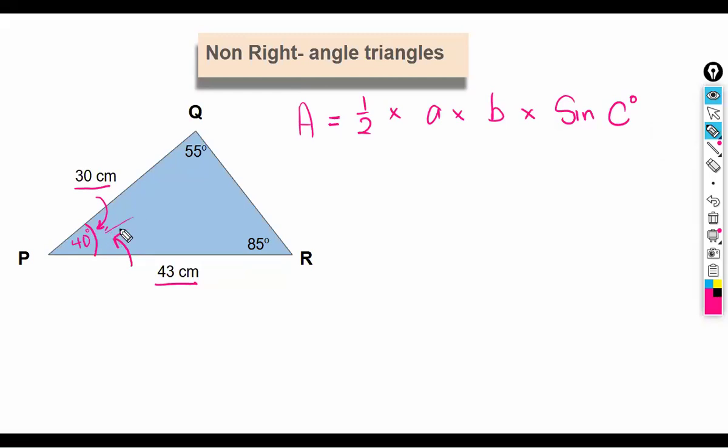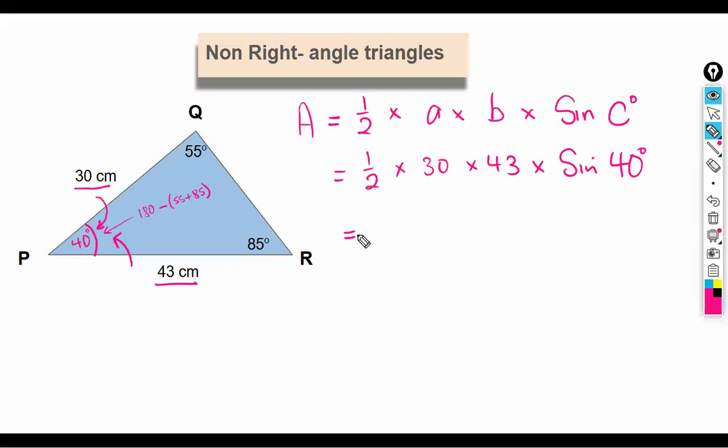I just put in a little arrow here, and how I got it is 180 minus 55 plus 85, in case you're wondering. So now we could go ahead and use the formula. A half, the two sides are 30 and 43. And C is the angle in between. That's Mr. 40.